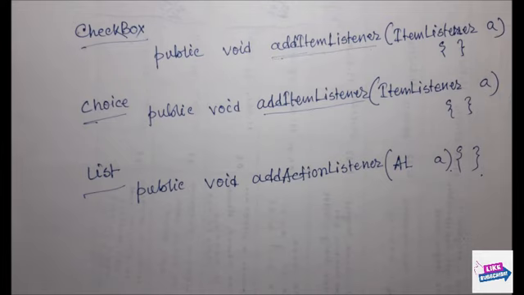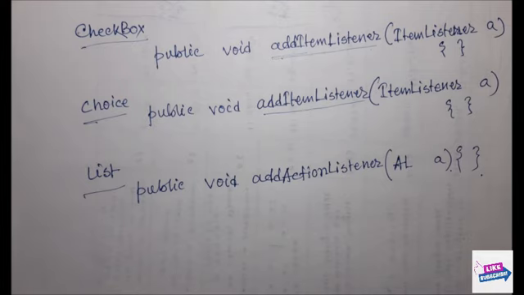I have also discussed some container components, like checkbox, choice, list, menu list, button, text area, and some methods regarding this listener, which corresponding method we have to register with what listener.